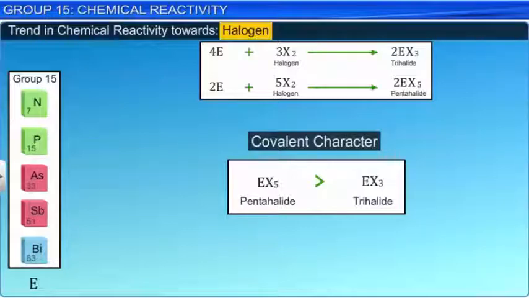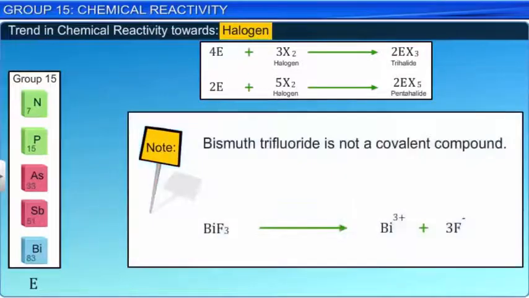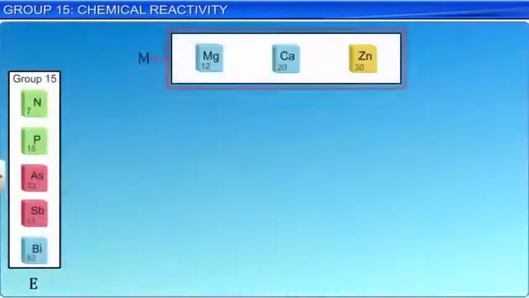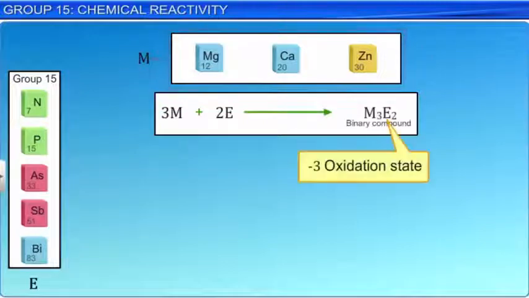Note that bismuth trifluoride is not a covalent compound. All the elements of group 15 react with metals to form their binary compounds showing -3 oxidation state with the general formula M3E2.